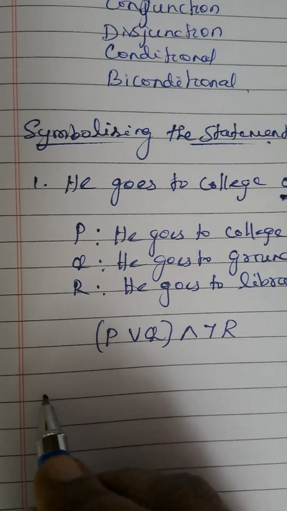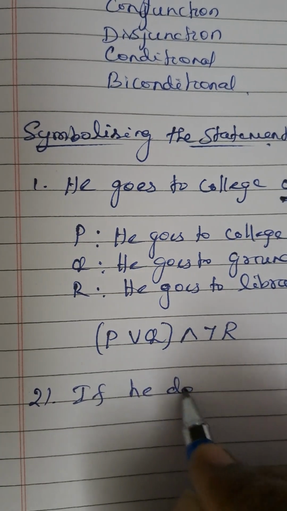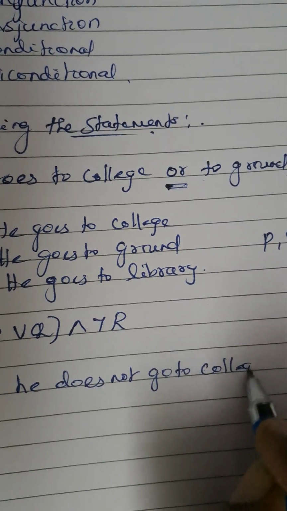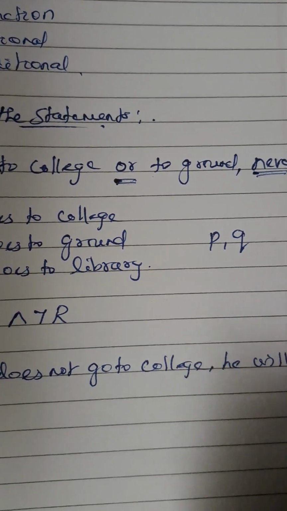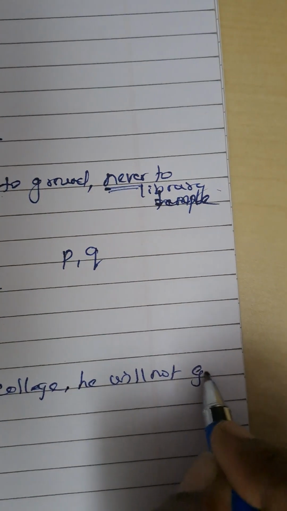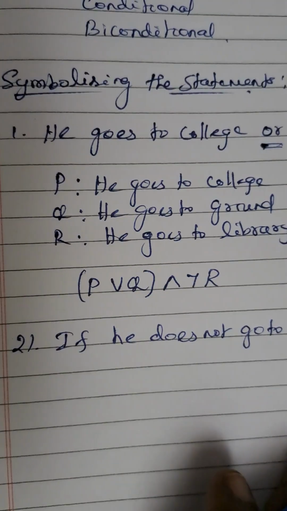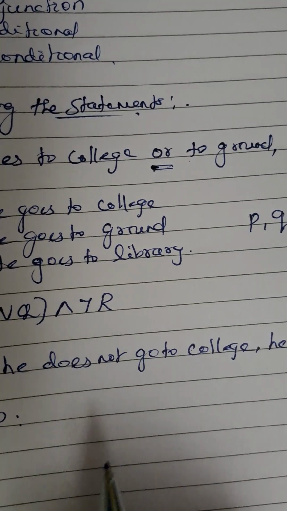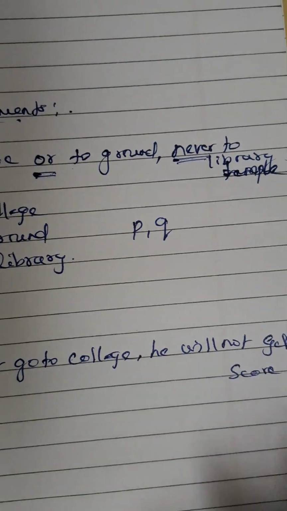Suppose if I write, if he does not go to college, he will not get attendance or he will not get score of marks, much marks. So we can take here P always. See here we can write simply P as he does not go to college and Q as he will not get score.